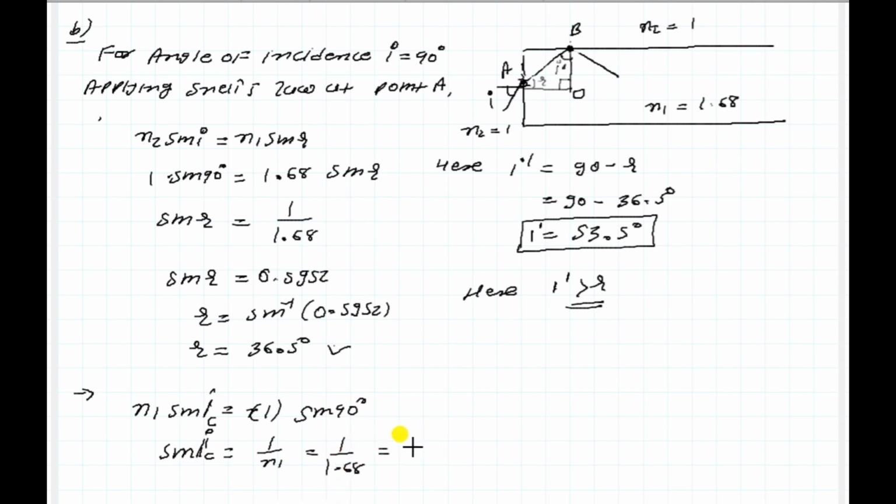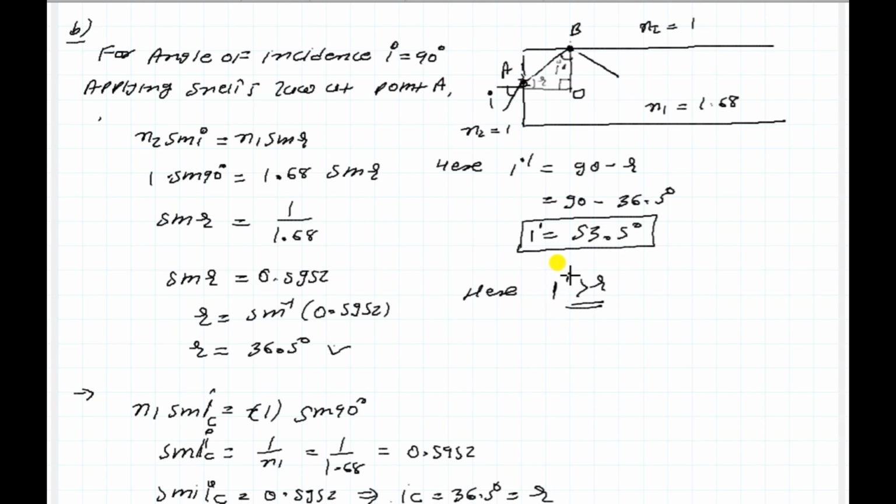It is 0.5952. So sin IC is 0.5952, and hence IC is 36.5, which is our r, the angle of refraction.